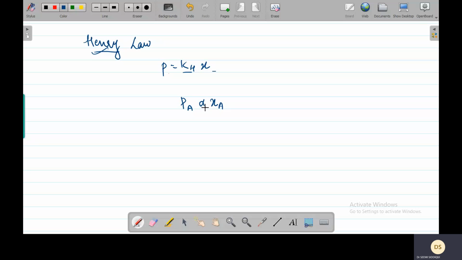Now, on the basis of this, we can have two types of solution, that is the ideal solution and the non-ideal solution. Ideal solutions are the solutions which obey Raoult's law, and non-ideal solutions are those which do not obey Raoult's law.